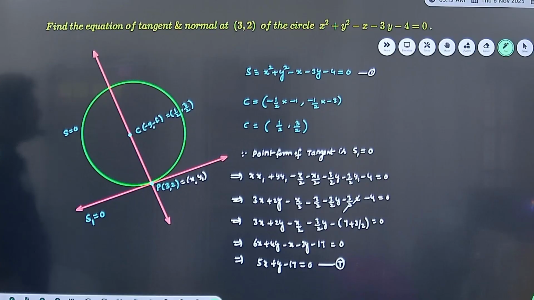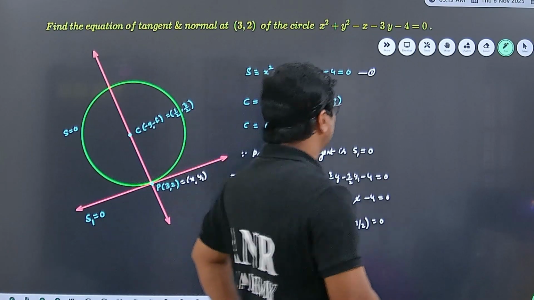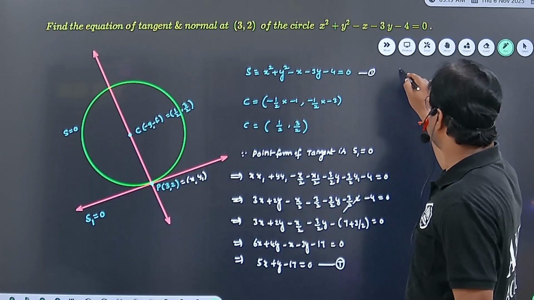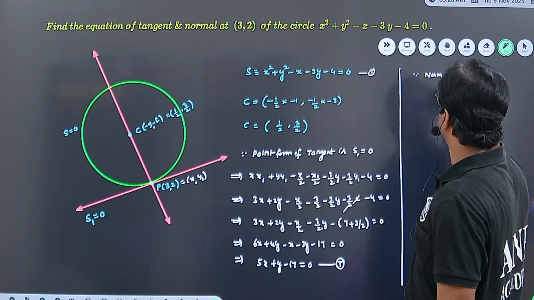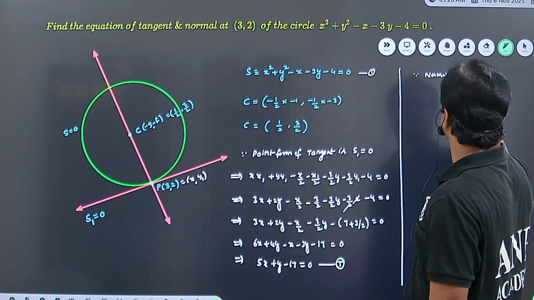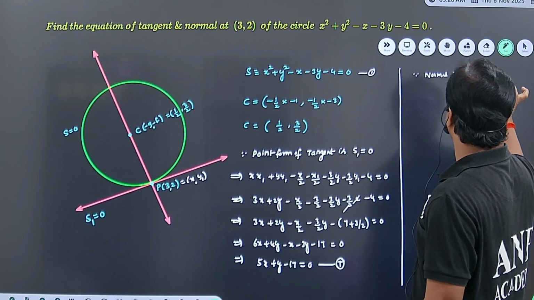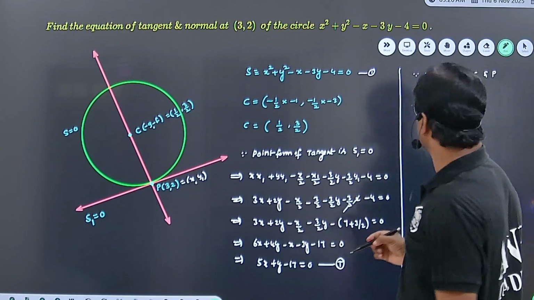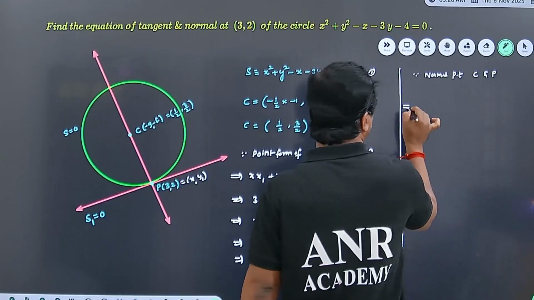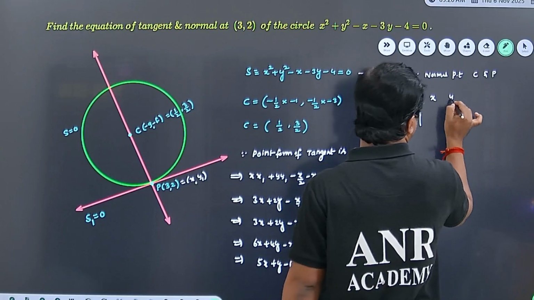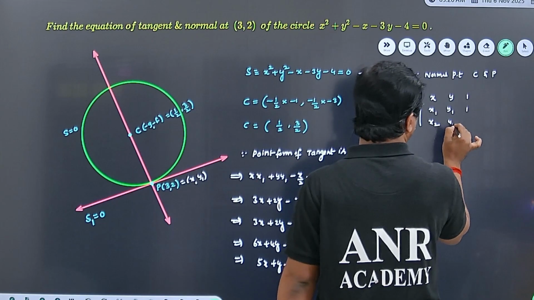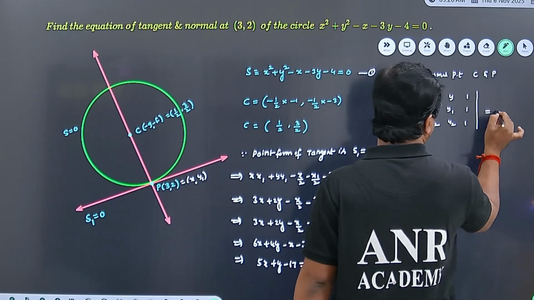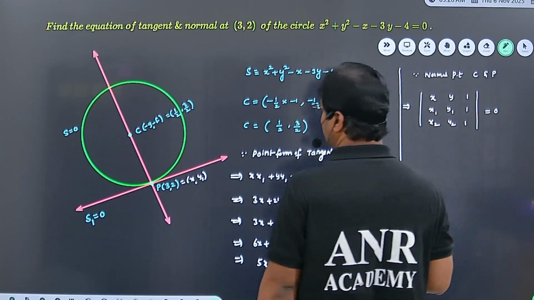Next we go for equation of normal. Normal passing through center of the circle as well as P. Since normal passing through center and P, I am going to use 2-point form. Implies you can write determinant x, y, 1, x1, y1, 1, x2, y2, 1 equal to 0, gives the equation of normal.